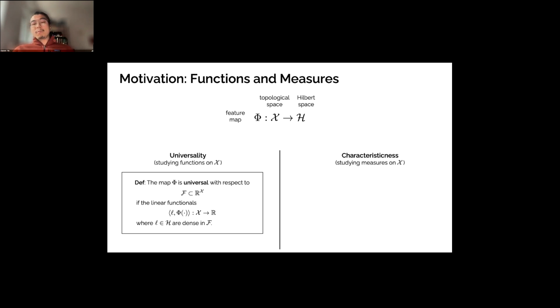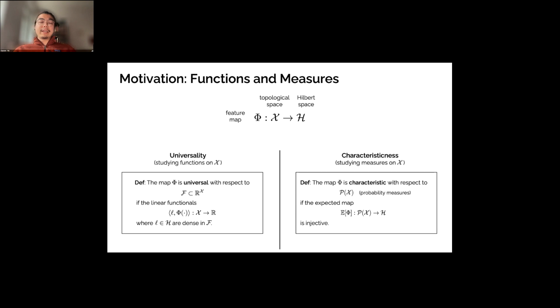On the other hand, if we want to study measures on X, we would like the feature map to have another property: characteristicness. So we say that the feature map phi is characteristic with respect to the probability measures on X if the expectation of this feature map is injective. So the input here is a probability measure.